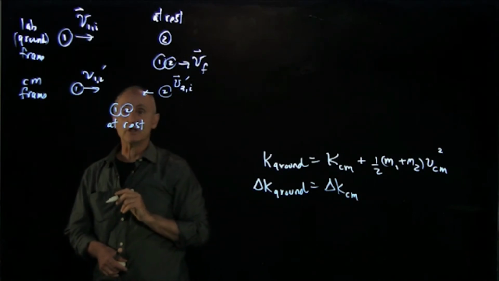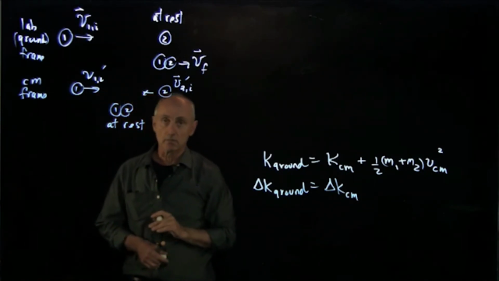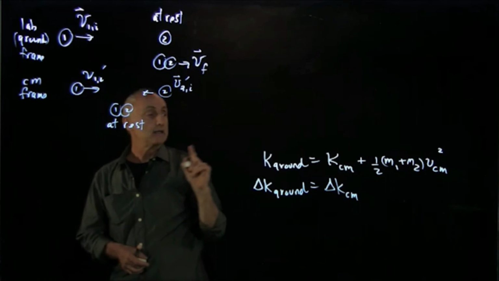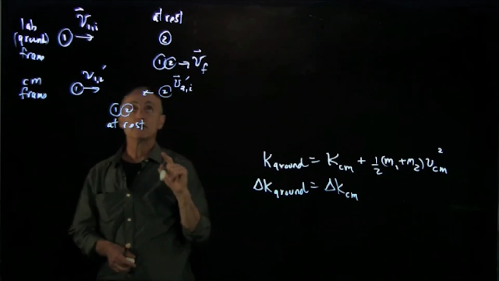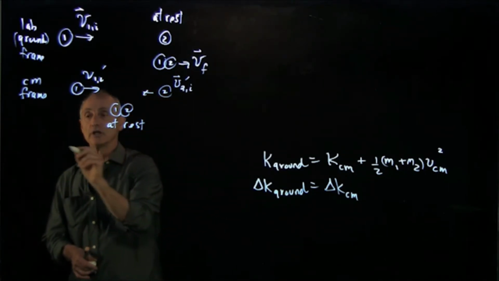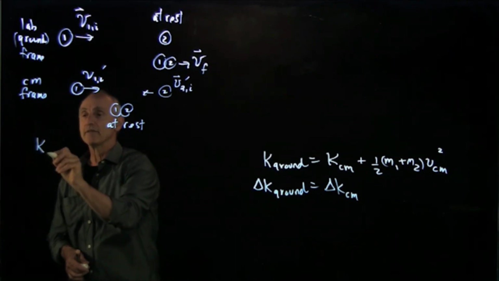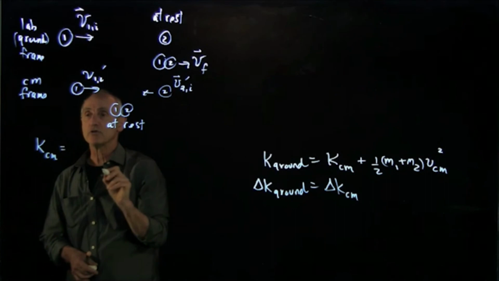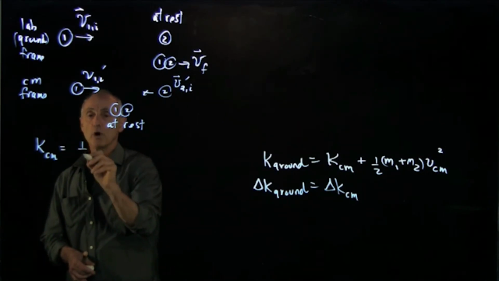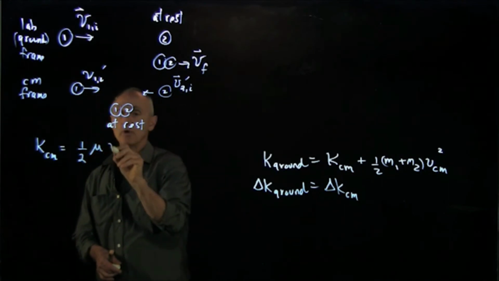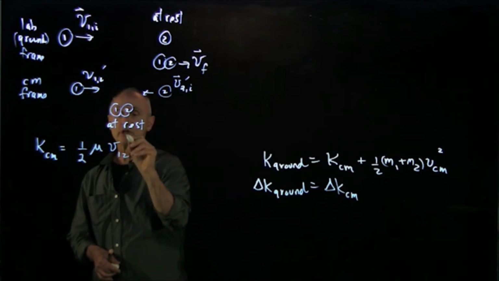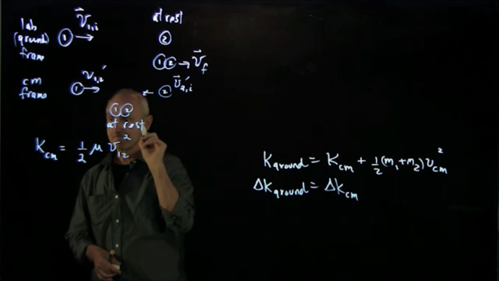So in this collision, we can analyze it. And now what I want to show is the change in kinetic energy. Recall from our previous calculation that the kinetic energy in the center of mass frame was equal to 1/2 mu times the relative velocity squared.